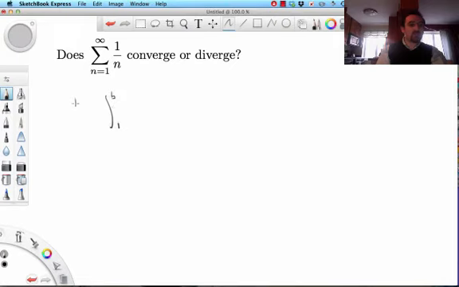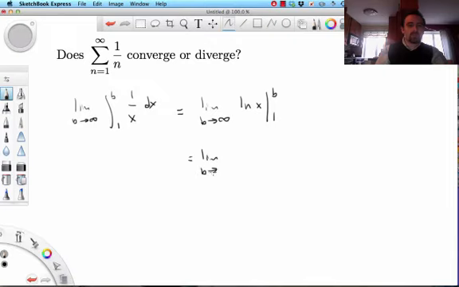1 to b, the limit as b goes to infinity. I could have written 1 to infinity, but I skipped that for now. Of 1 over x dx. Well, the antiderivative of 1 over x is ln. So the limit as b goes to infinity of ln of x from 1 to b.